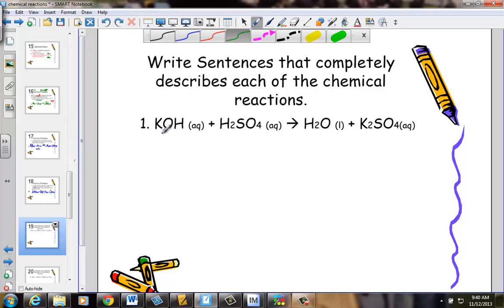The pattern of chemical change looks like the old double replacement. K went to sulfate, H went to OH, making a water. So we're kind of looking at a double replacement. Water's our driving force. Let's turn all of these symbols into words. AQ, KOH. Let's start by writing aqueous.